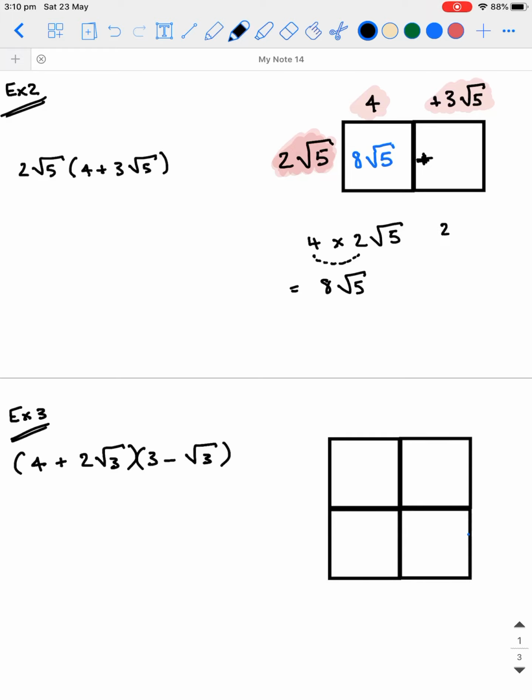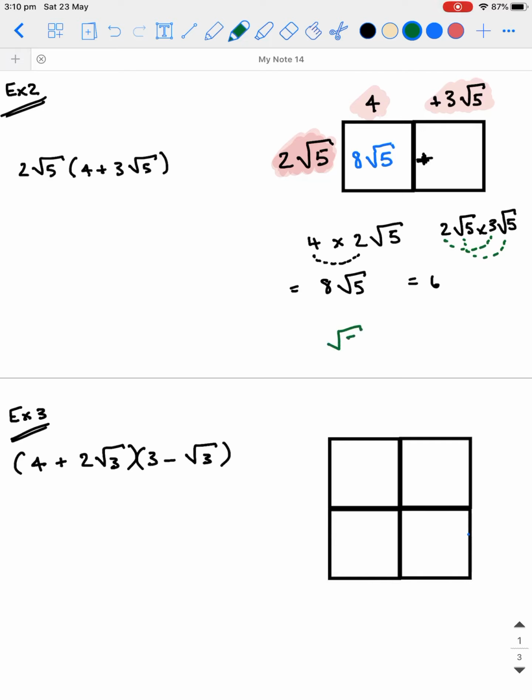So if I now take 2 root 5 and multiply that by 3 root 5, then what I can do is take the number part first and say, okay, 2 times 3 is 6. And then I can multiply the two roots. And I can say, okay, root 5 times root 5.